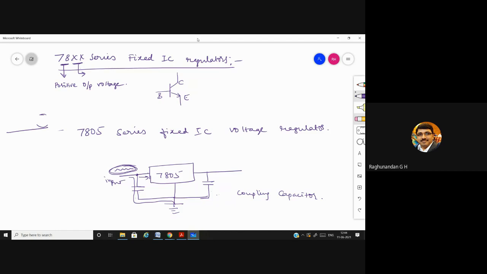It will not move towards the capacitor because the capacitor offers more resistance to it. A capacitor acts like an open circuit for DC, no? That's why the DC current will flow like this. Since for AC current it offers the least resistance, the entire AC will go to the ground. So we will have DC here and it will give out a 5 volt output.